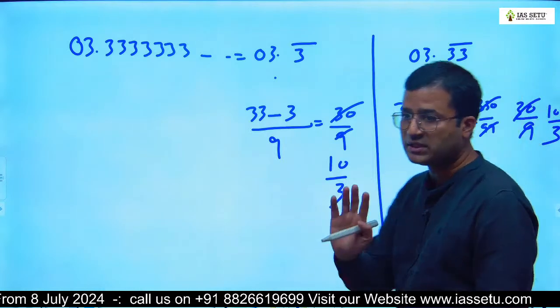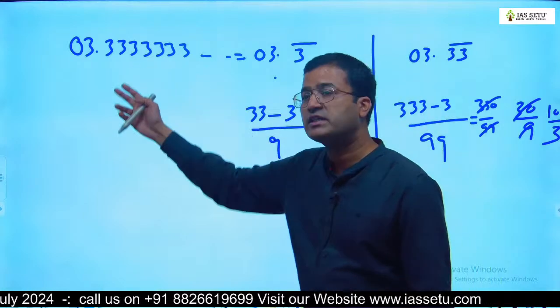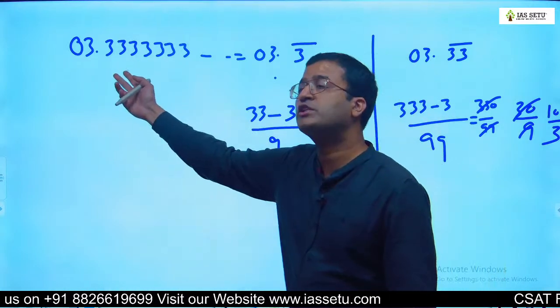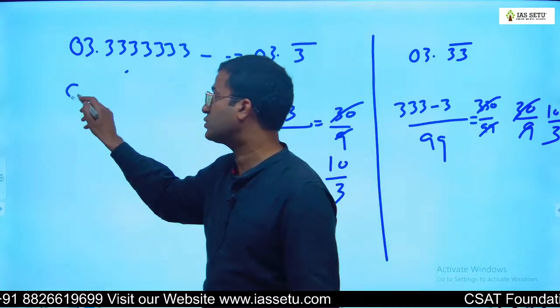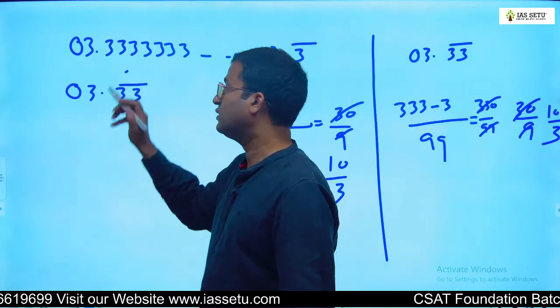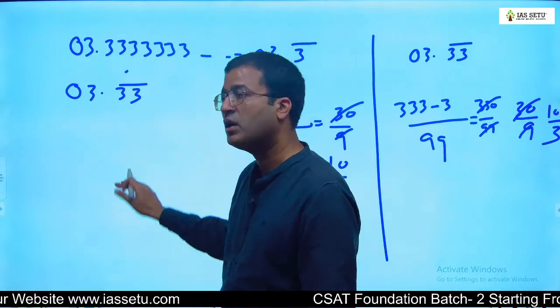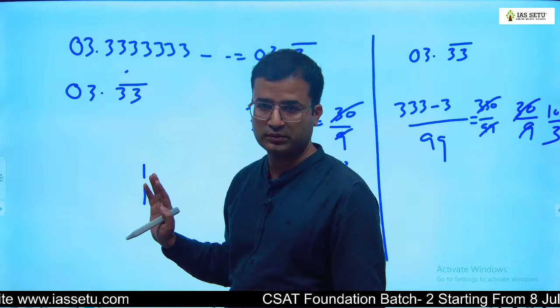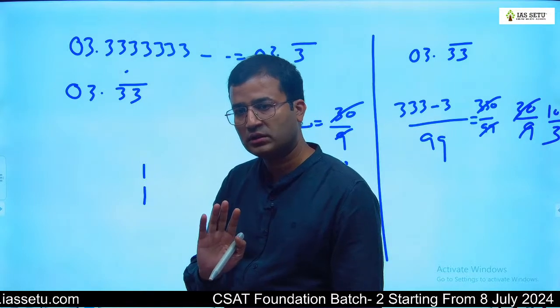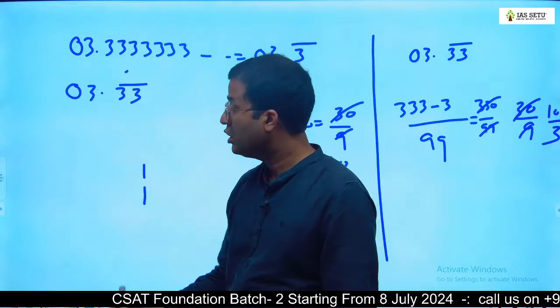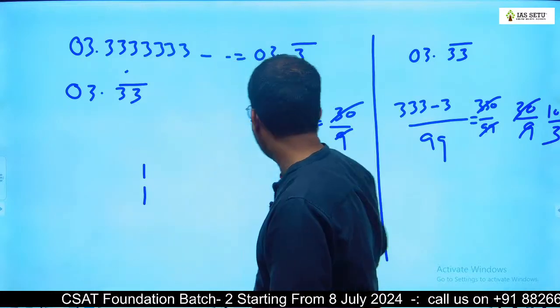If by mistake there is only one digit getting repeated and you take 2 digits as repeated, you wrote it that way and 3 recurring, no problem. Answer will be the same, don't worry about that. You took 3 and 3 as recurring instead of 3, it's no issue, your answer will match.